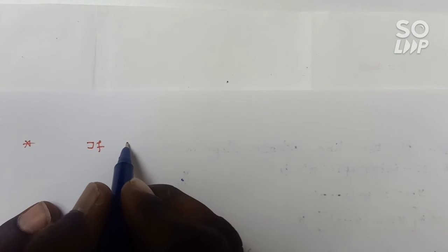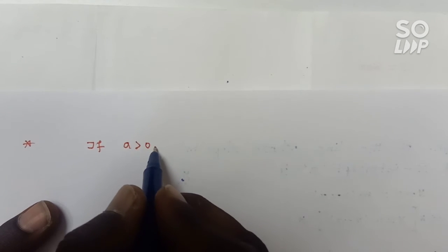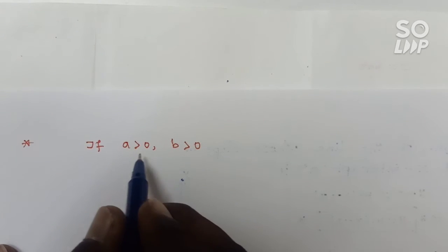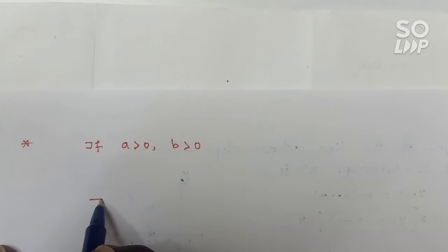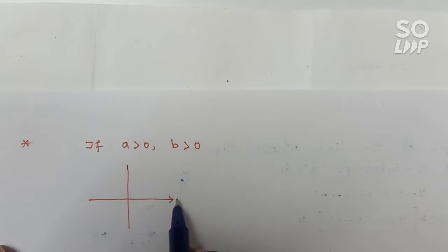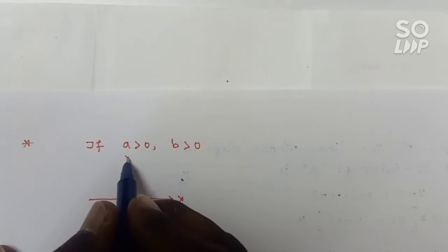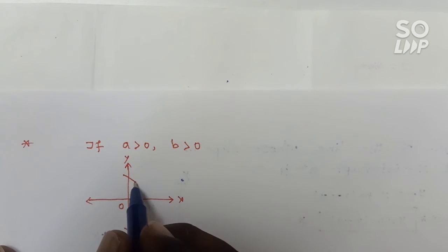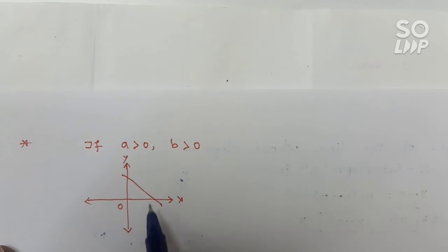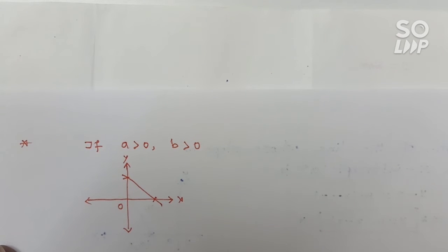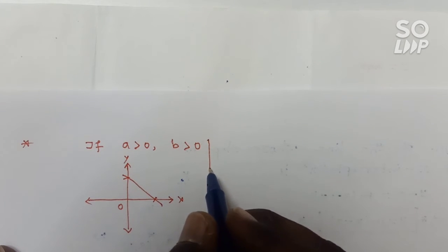Now you see this. If a is greater than 0 and b is greater than 0, that means both intercepts are positive, and the line lies only in the first quadrant. The line will only intersect the coordinate axes in the first quadrant. See the next one.